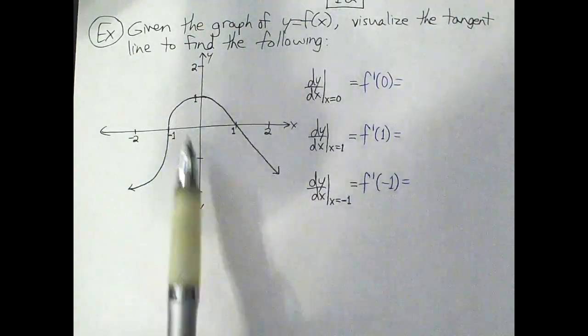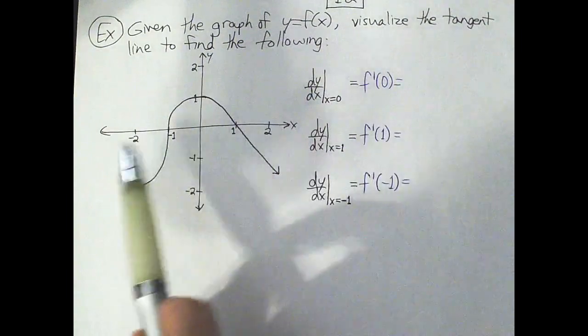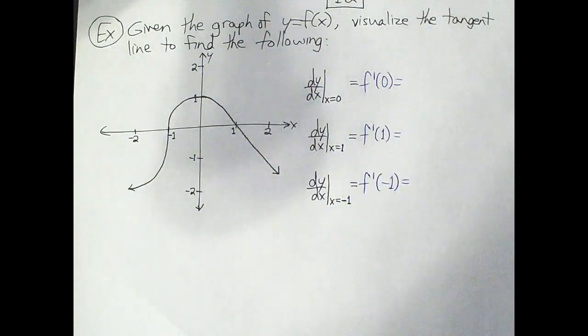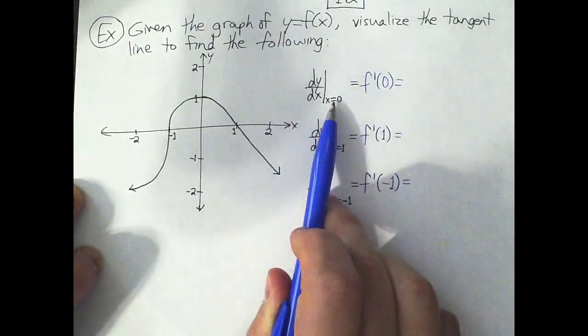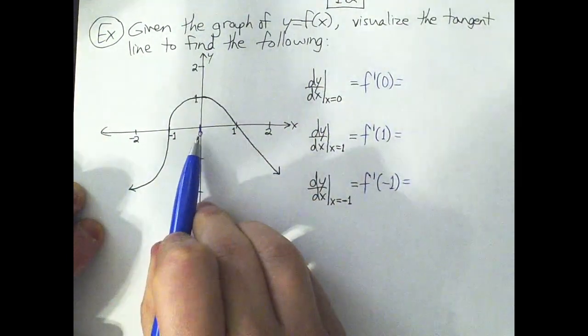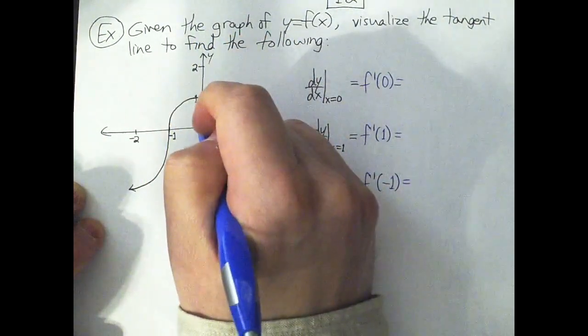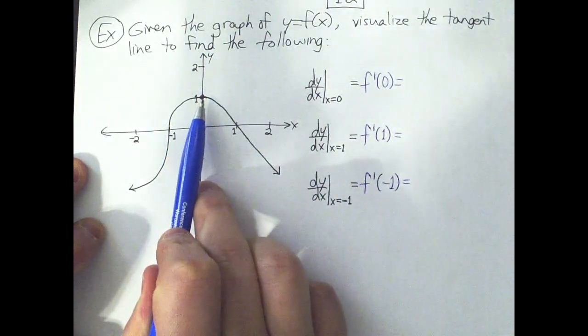And we were told that this function is y equals f of x. So I'm not going to use the derivative formula because I don't have a formula for f of x, so I don't really think that would help us. Let's look at what's happening to this function around x equals 0. Here's x equals 0. What's happening on the curve, though? The curve is up here. Can we visualize the tangent line?